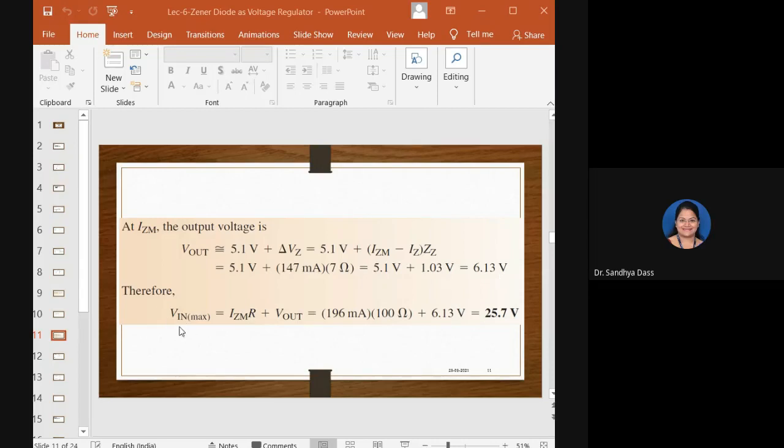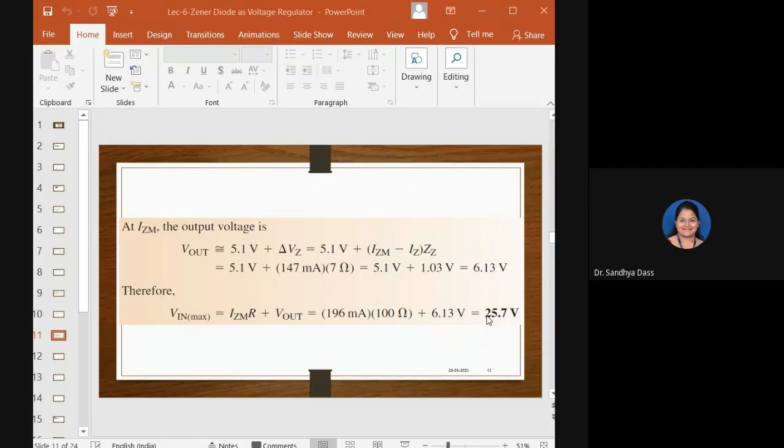From this, Vin max, the maximum range of the input voltage, will be equal to, again by Kirchhoff's voltage law, IR plus Vz. For IR, you substitute Iz max into R, plus Vz, which is nothing but Vout, 6.13 volts, which you calculated just now. That will give you the maximum input voltage.